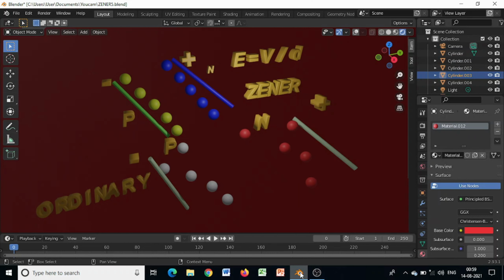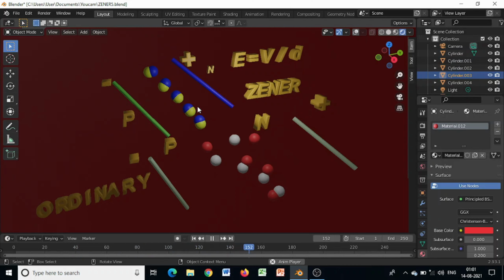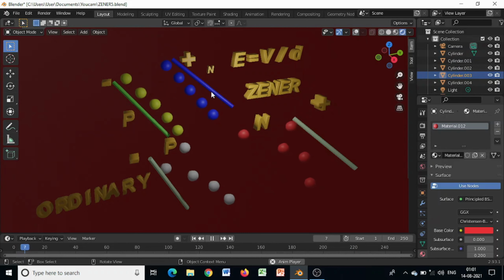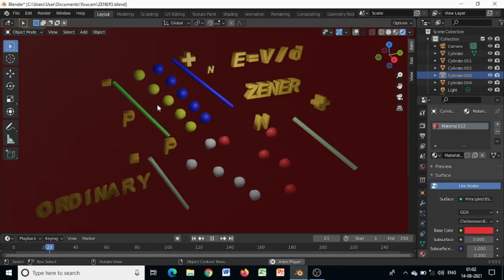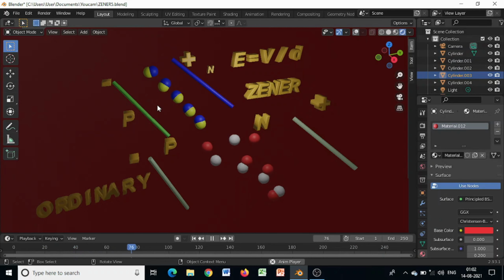Electrons and holes, here 5 electrons and 5 holes, create this barrier potential as a result of recombination. This is the depletion region between blue and green, and here between two white lines. The depletion region is of smaller width in comparison to the ordinary diode.